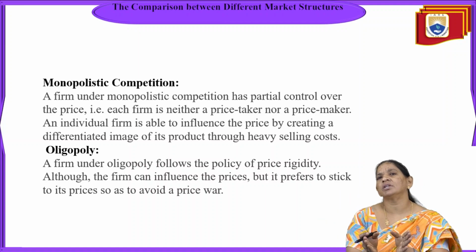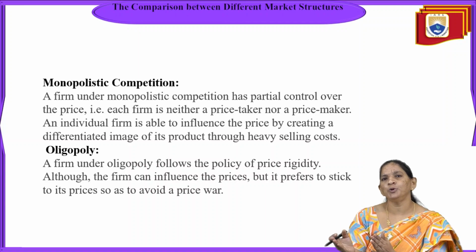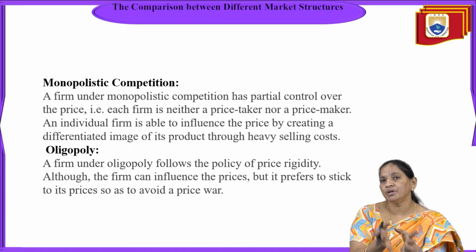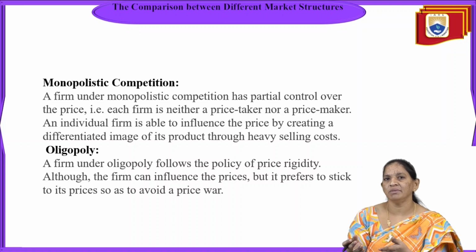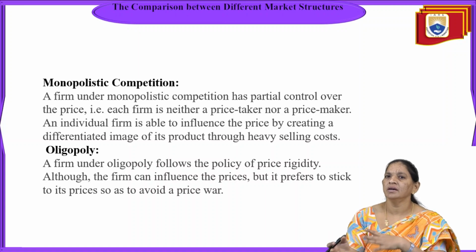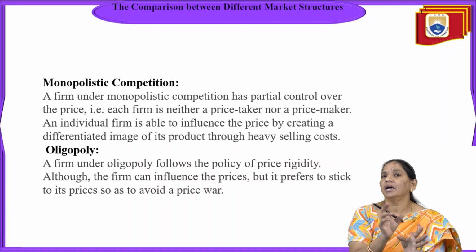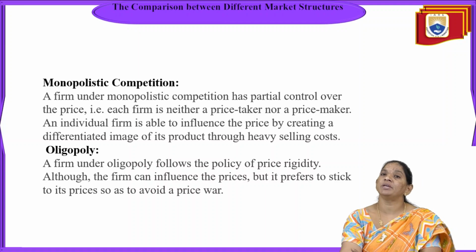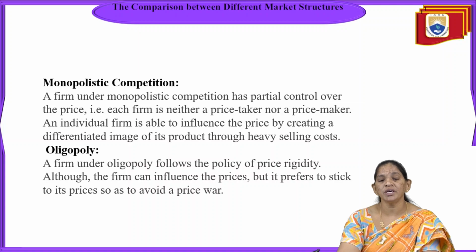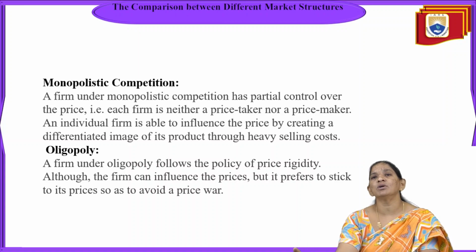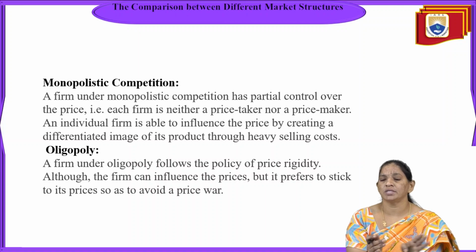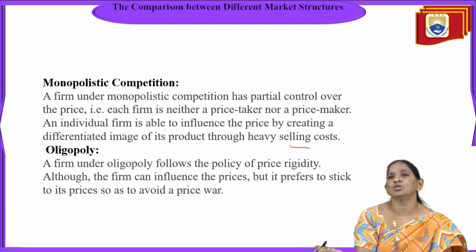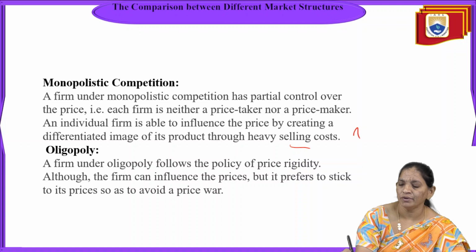The product may be a substitute, but cannot be called a perfect substitute. So differentiation will be there based upon brand image, cost, quality, pricing, and this product differentiation plays an important role. That's why here it is neither price maker nor price taker. This product differentiation mainly focuses on selling cost, what we call advertisement.